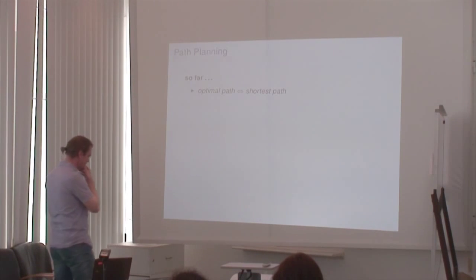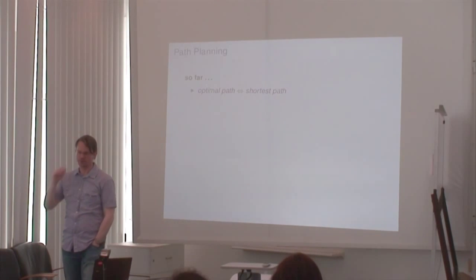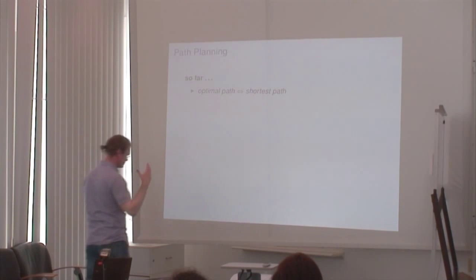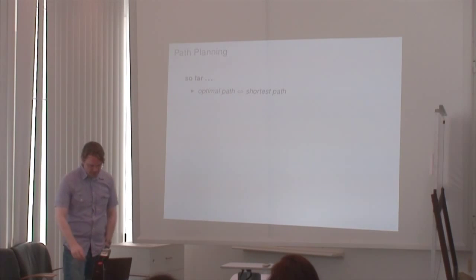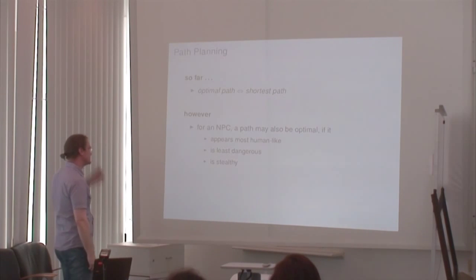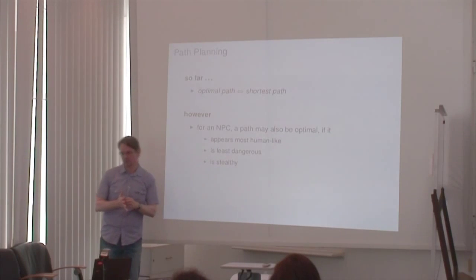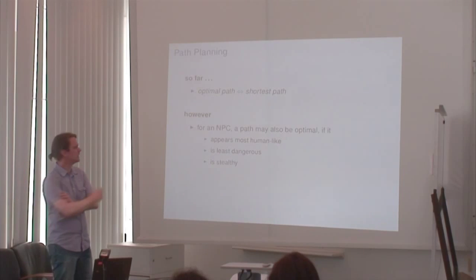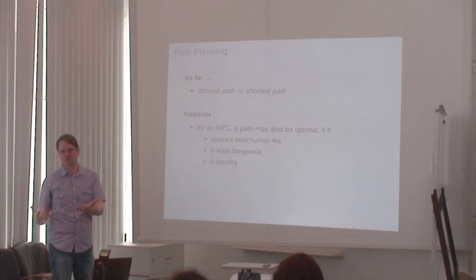Okay, let's wrap this up. So far, we have looked at the problem of computing an optimal path from the point of view of computing the shortest path. But in video games, the optimal path for a non-player character to choose from a source point to some target point can be optimal even if it is not the shortest path.